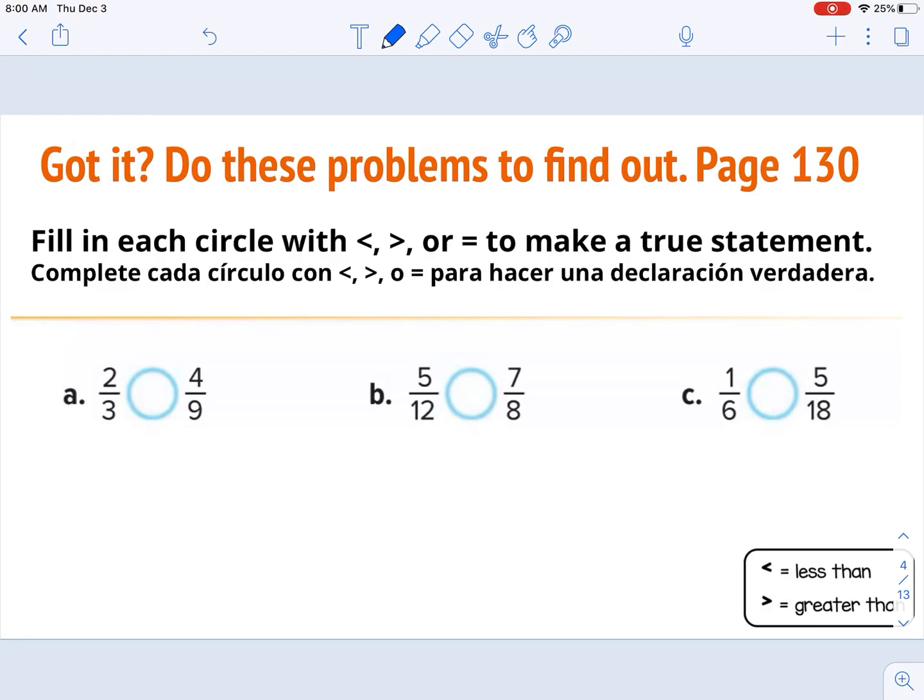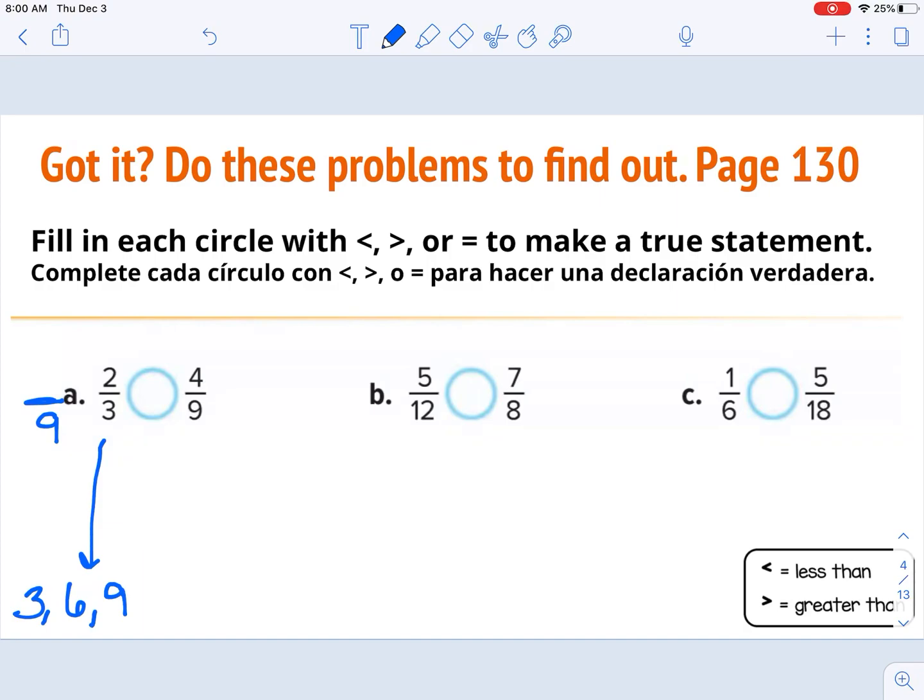So I'm going to start by thinking about the multiples of 3. 3, 6, 9. Oh, 9, that's the same as my other denominator. So I'm going to change this one on the left to turn into 9ths. And then I can compare them because they'll have the same denominator.